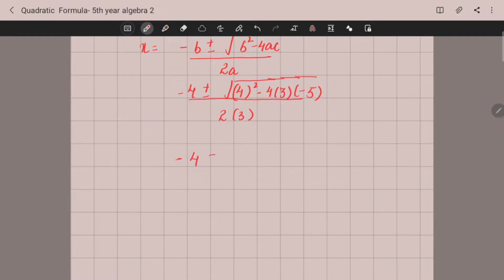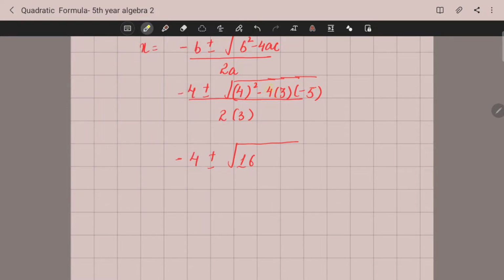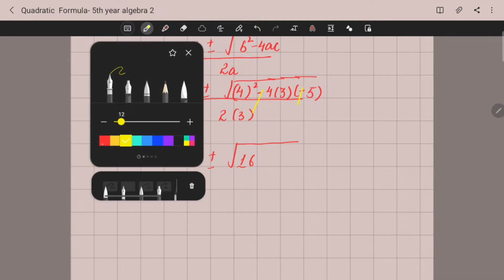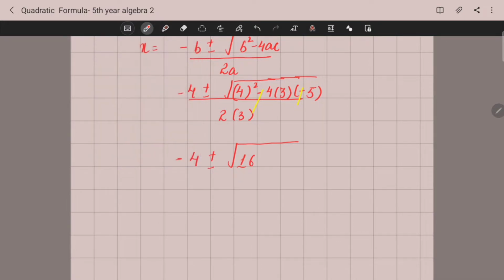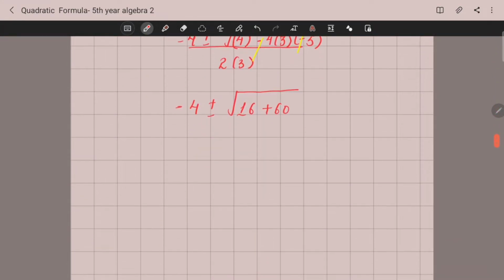So it's minus 4, take the square of 4, it's 16, and negative cancels, so it will make 4 into 3 is 12, 12 into 5 is 60. So this is 60, and 2 into 3 is 6.